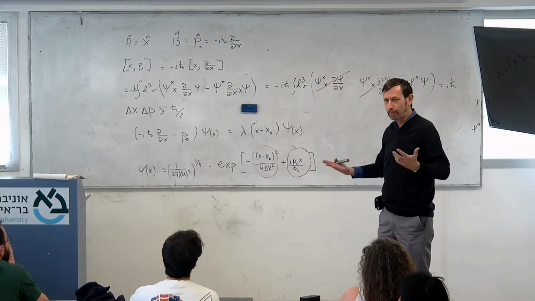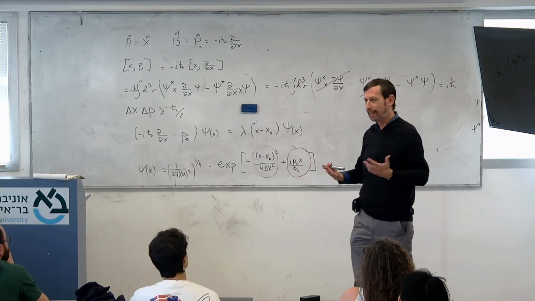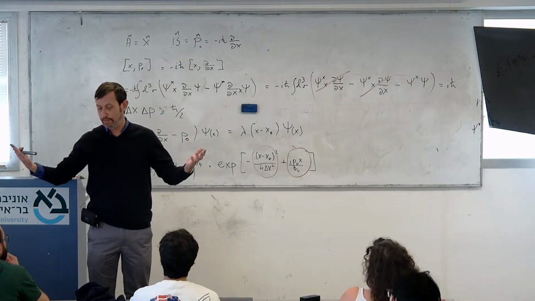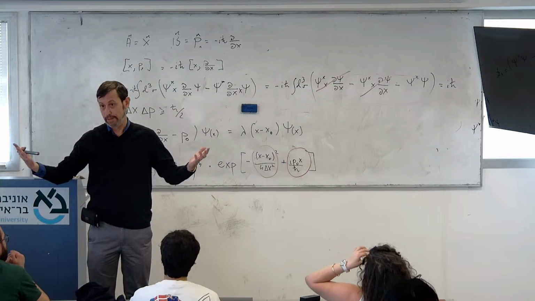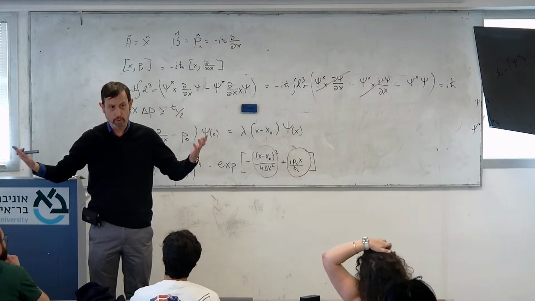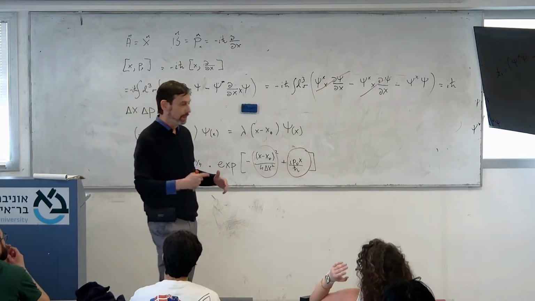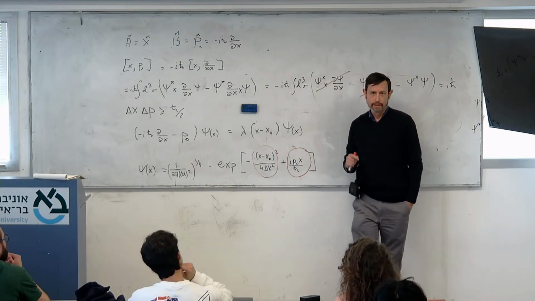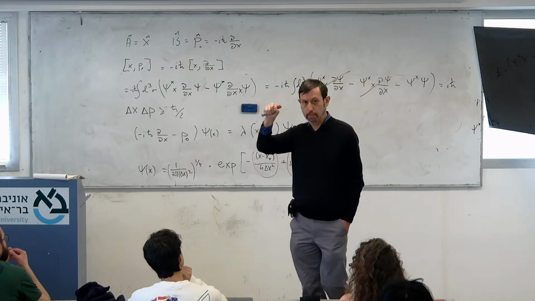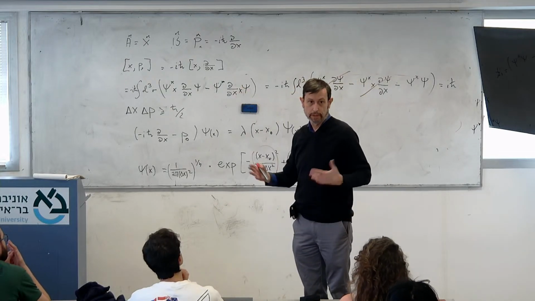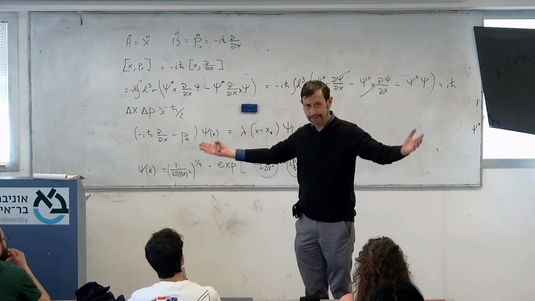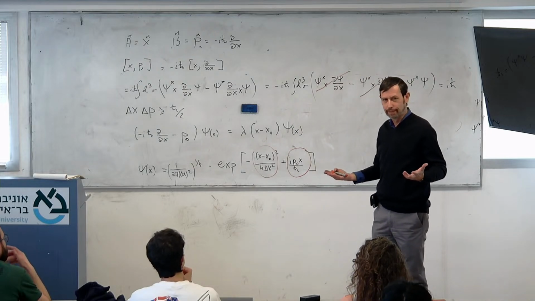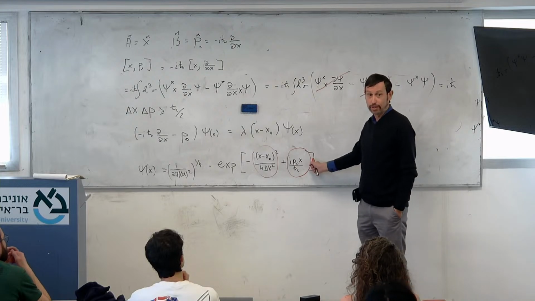It's uncertainty. We can't have delta p equal to 0 when delta x is finite. Right? On average, this wave function doesn't change. When we measure, after the measurement, this thing.